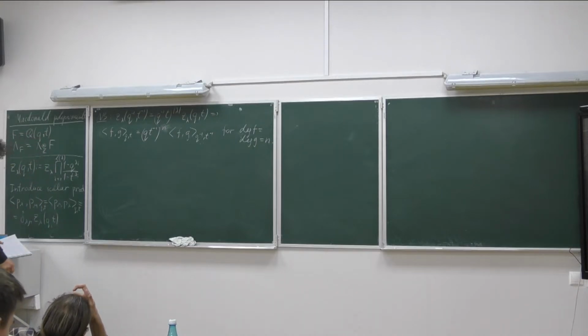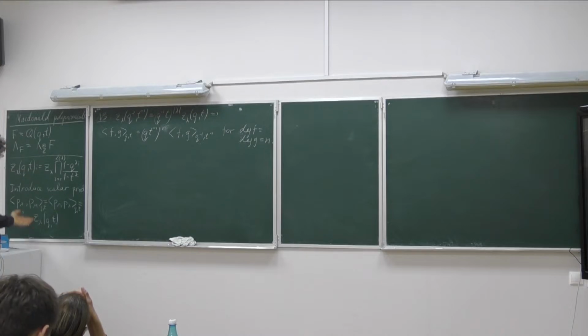So we introduce this scalar product in the base of power sums. We require this base to be orthogonal, and the length is given by z lambda.